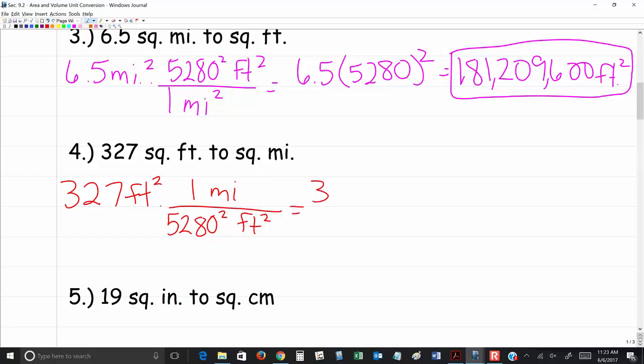So I have to do, this is going to be super tiny, 327 divided by 5,280 squared. 0.00001. I'll just round it off there. That'll be good enough. Super tiny. Square miles.